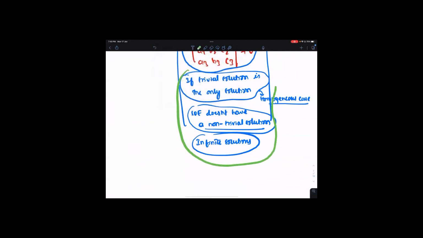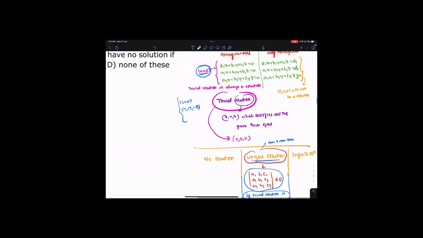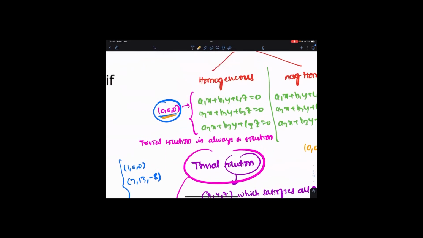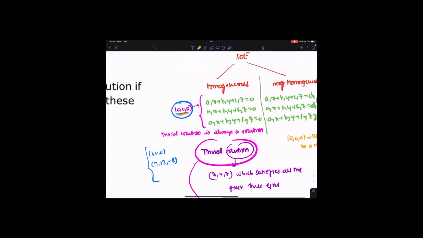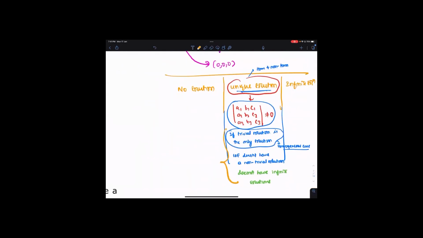Whether they say the system does not have infinite solutions, because if a system of equations has infinite solutions, it means other than 0, 0, 0, there are solutions. That means it has non-trivial solutions, more than one. So simply in the homogeneous case, all these three mean the same. When we solve the questions, things will be more clear.